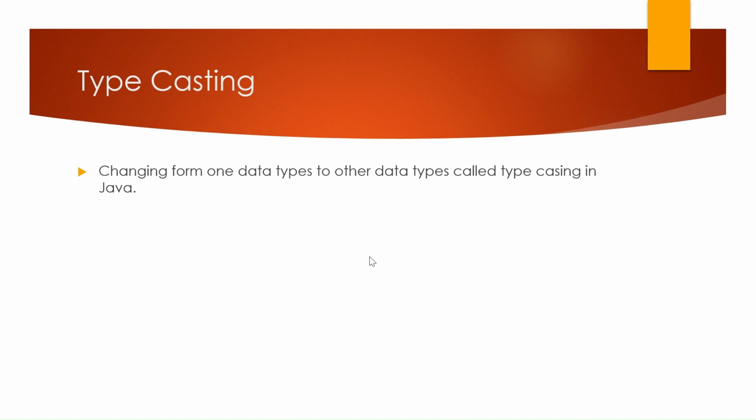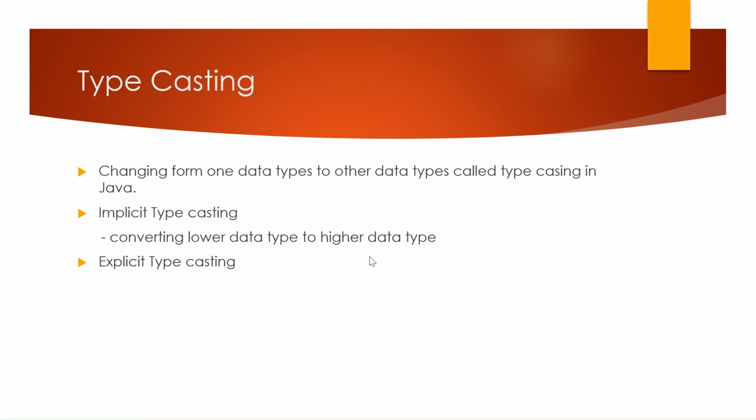We can convert that, and that we call typecasting. Typecasting is of two types: implicit typecasting and explicit typecasting. In implicit typecasting, we convert a lower data type to a higher data type, and in explicit typecasting, we convert a higher data type to a lower data type.